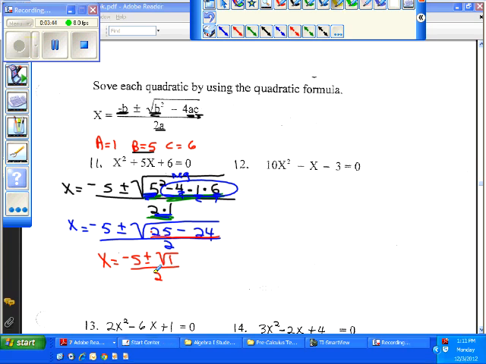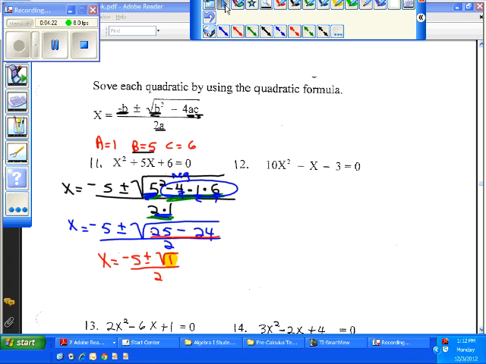Now we're going to pause for just a moment and think about the discriminant. That's that number underneath there. If that number is a perfect square number, then you're going to have real rational roots, right? So if what's in there is a perfect square number, then you're going to have 2 real rational roots.